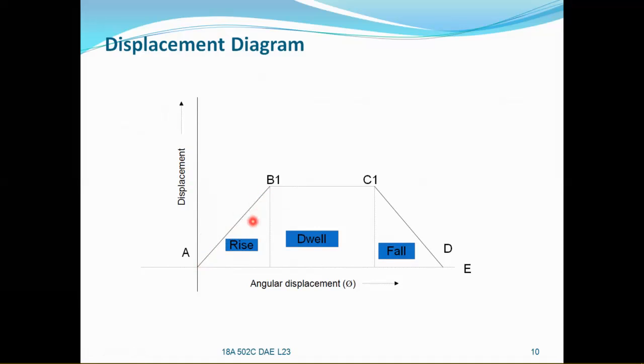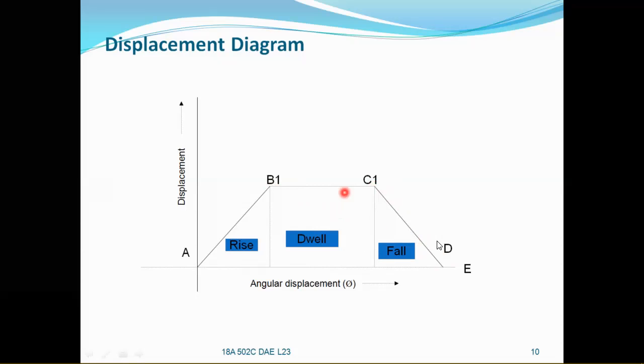Because of uniform velocity, it has a constant slope. During the fall or return stroke also it has uniform velocity, going from C1 to D, which has a uniform, constant slope.